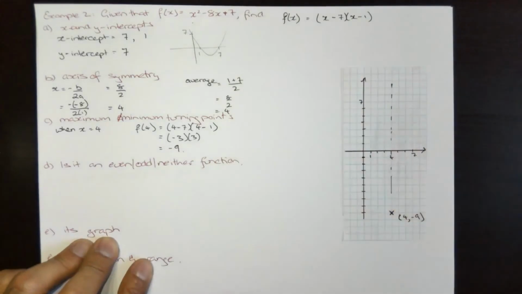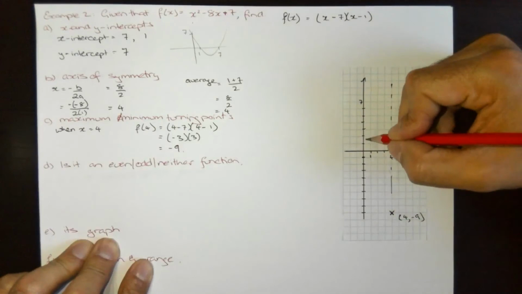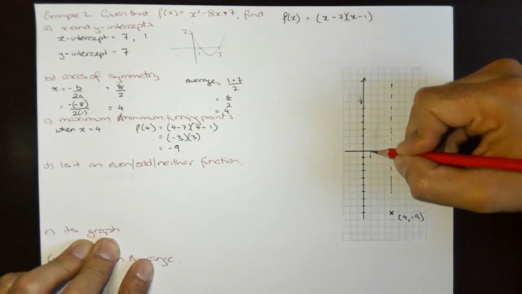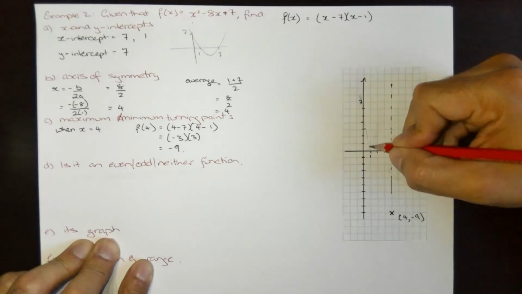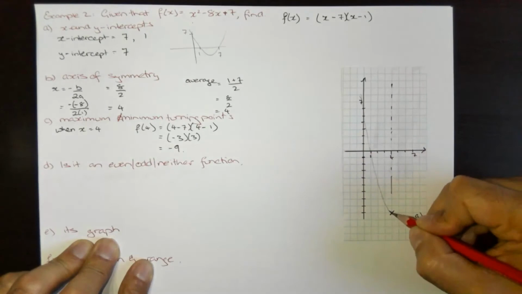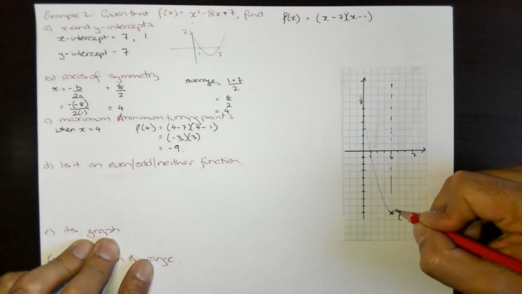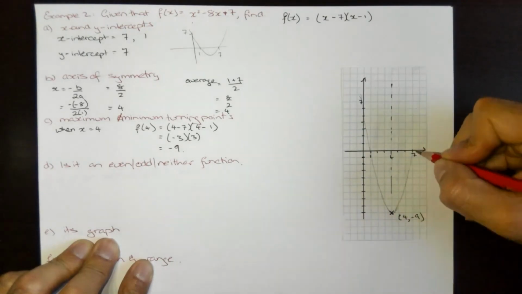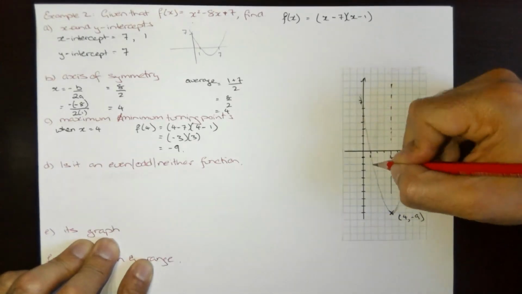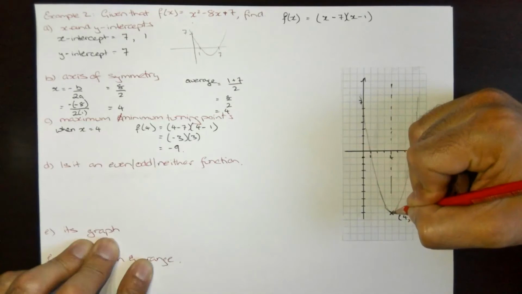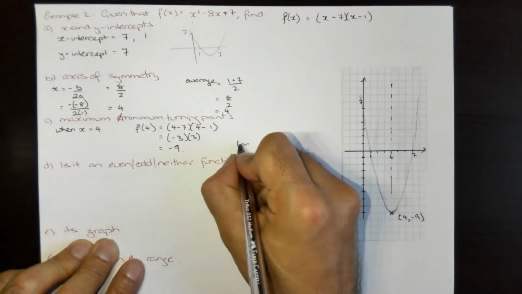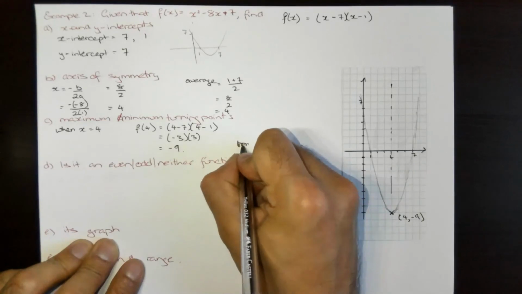As we said, it is a smiley face, a happy, positive parabola. And so this becomes a local minimum, a minimum turning point.